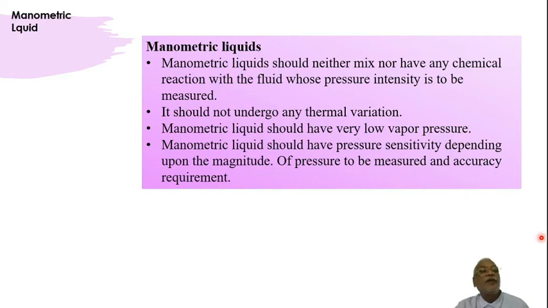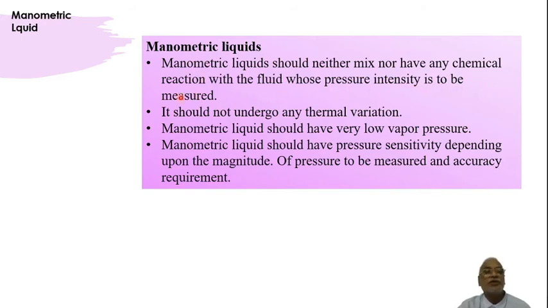Okay, manometric liquids. This is about manometric liquids. What are the properties that are to be exhibited by manometric liquids? Manometric liquids should neither mix nor have any chemical reaction with the fluid whose pressure intensity is to be measured.